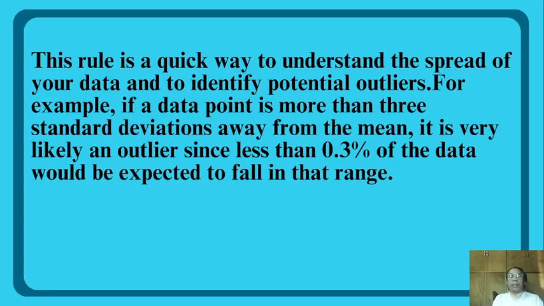For example, if a data point is more than 3 standard deviations away from the mean, it is very likely an outlier, since less than 0.3% of the data would be expected to fall in that range.